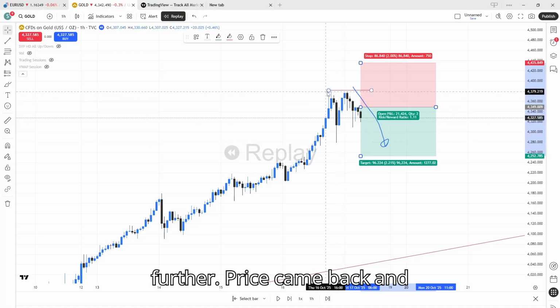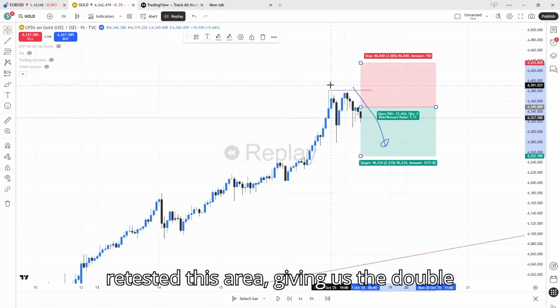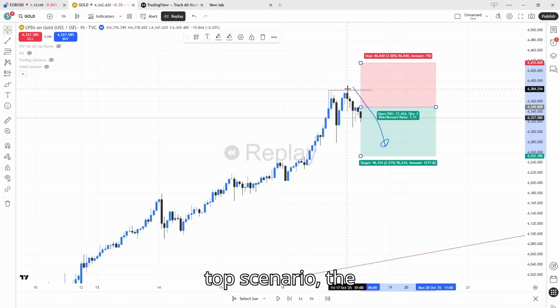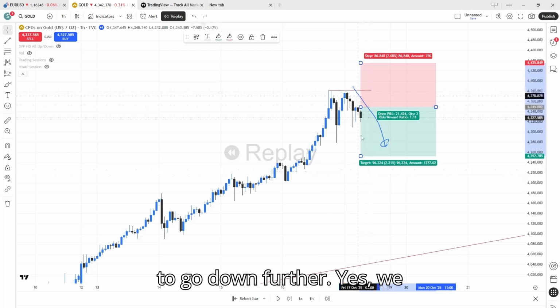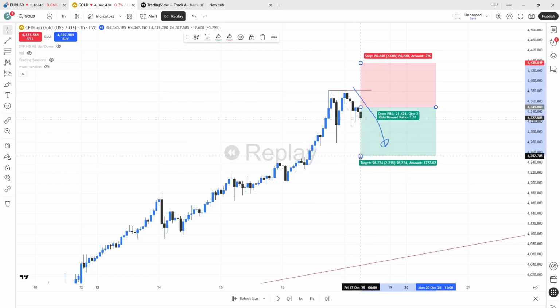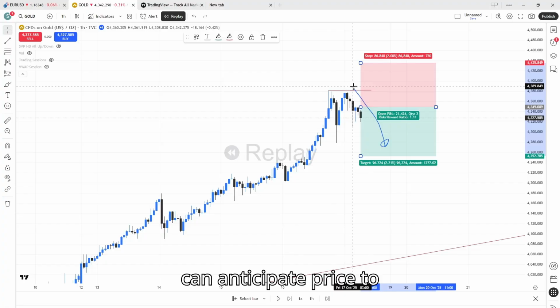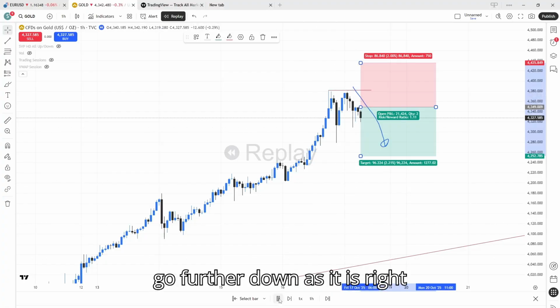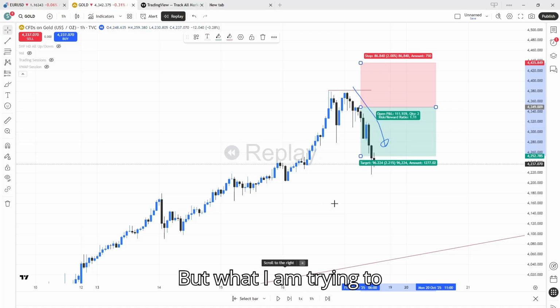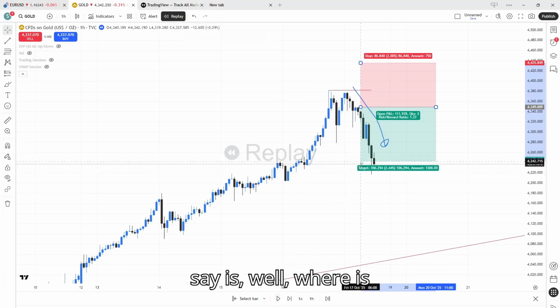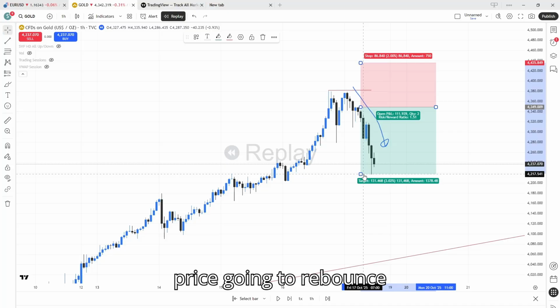Price came back and retested this area, giving us the double top scenario, the textbook pattern for price to go down further. Yes, we can anticipate price to go further down as it is right now, right? But what I am trying to say is, where is price going to rebound after the pullback?